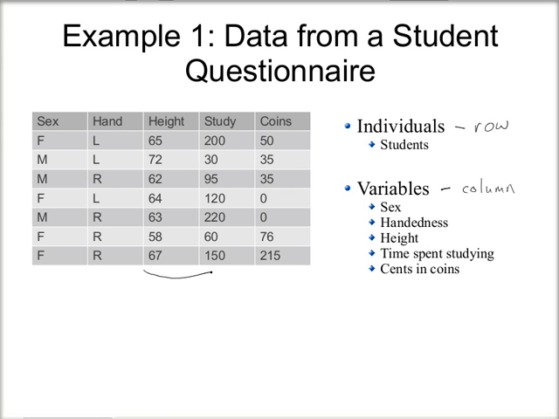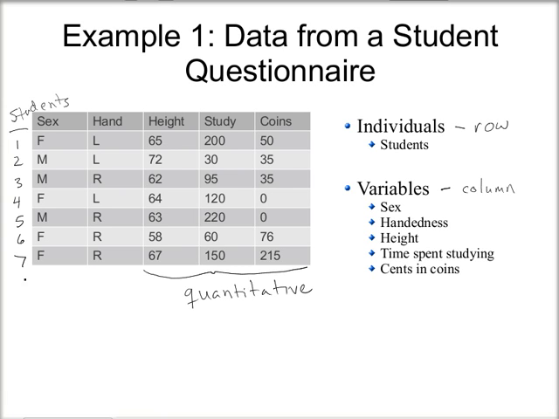Now notice that my last three variables here, these are all quantitative, and the first two are not. Now I could have another column here, which I would call a label column, and that would just label the students. So I could label them 1, 2, 3, 4, 5, 6, and 7.